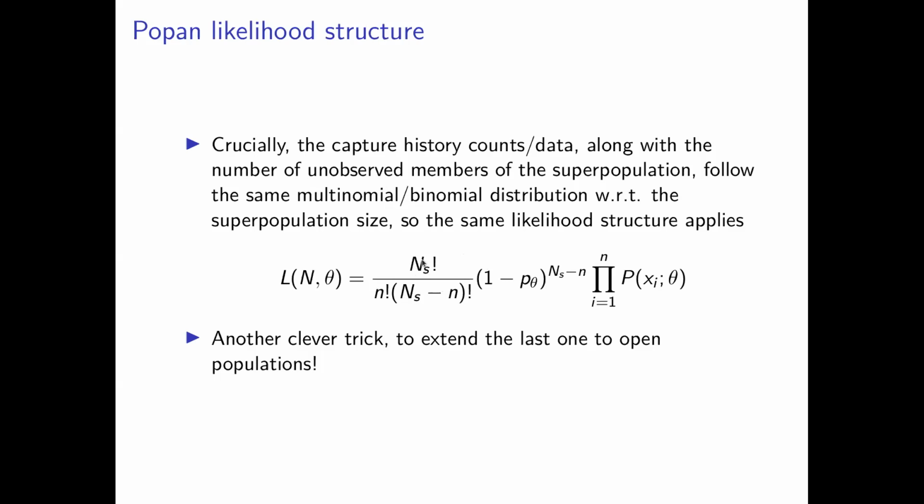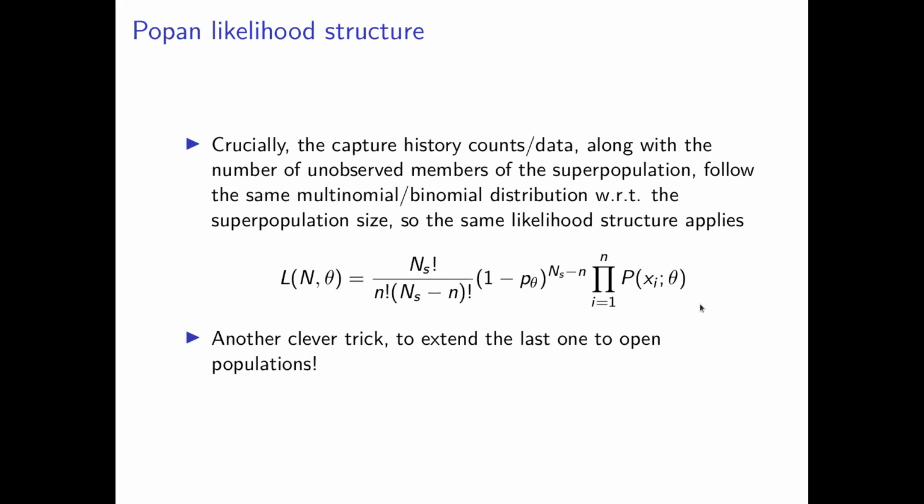So now you just have the binomial distribution here dividing all the animals that were ever exposed to capture into those that were observed and those that were not observed. And you have your 1 minus the probability of observing an animal to the power of the number of animals that were never observed out of the superpopulation size.